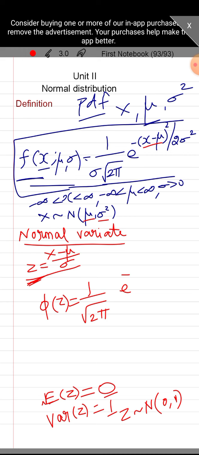So by e power minus Z square divided by 2. Okay. So இங்கே 2z square அதெல்லாம் போடுறப்போ zக்கு 2க்கு கொஞ்சம் வேரி இருக்க மாதிரி போடுங்க. So 1 by square root of 2 pi into e power minus z square by 2. So where z lies between minus infinity to infinity. Okay. So this is the definition of normal variate.